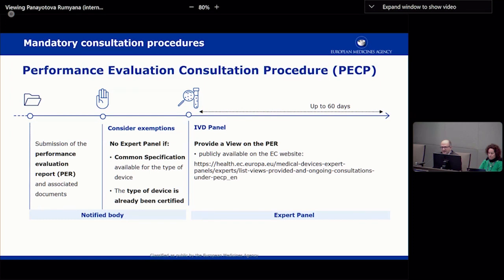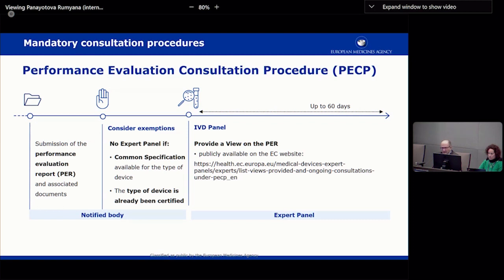Common specifications are technical rules for assessment of a type of device that are published as a legislative act, meaning that they replace the need for a view, for an advice on that device, because it's already published what is needed for the approval of that specific IVD. And very recently the first batch of common specifications was published by the Commission, so a lot of IVDs are now exempted from following this procedure.